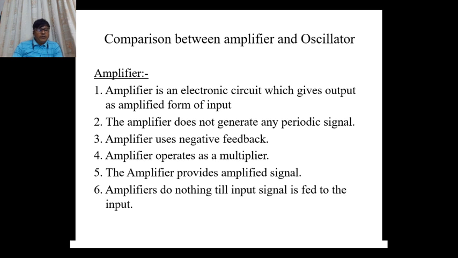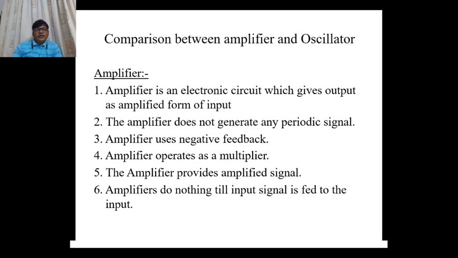Now what is the comparison between the amplifier and oscillator? First I will tell you what is an amplifier. An amplifier is an electronic circuit which gives output as an amplified form of the input. Means if a small signal is supplied to the input, you can get a large one at the output. The amplifier does not generate any periodic signals.